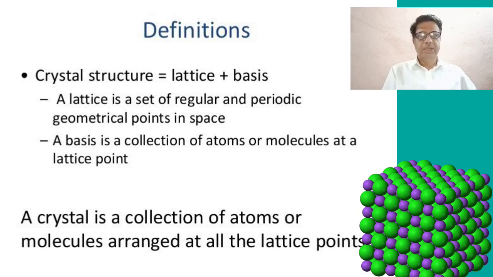Next, the unit cell is the basic portion of any crystal. Next, types of unit cells, that is simple cubic, body centered, face centered and base centered. There are 4 types. And next, crystal systems. There are 14 crystal systems, in the next lecture. So students, start with crystal structure.